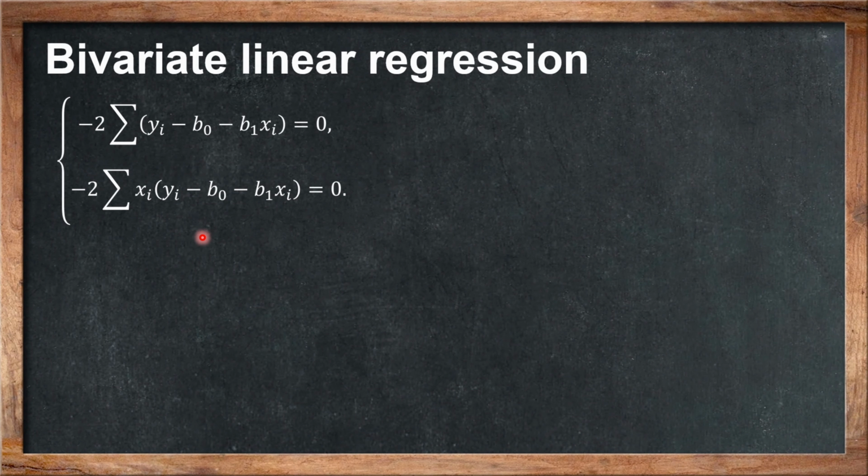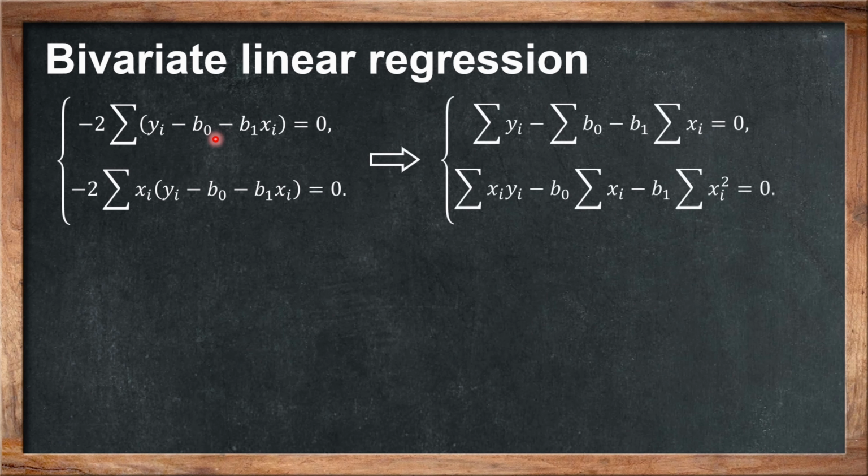Let's move on. That's what we ended up with on the previous slide. And let's just express from the first equation B0 via B1, x sub i and y sub i. Let's remove the parentheses and simplify each of these equations. We would end up with the following form.